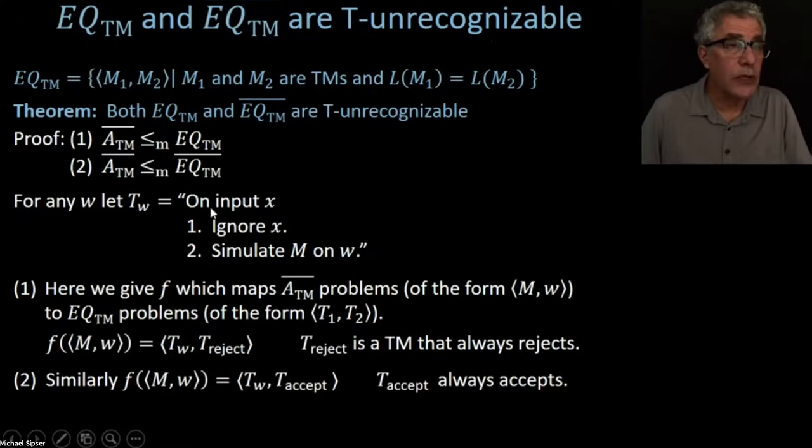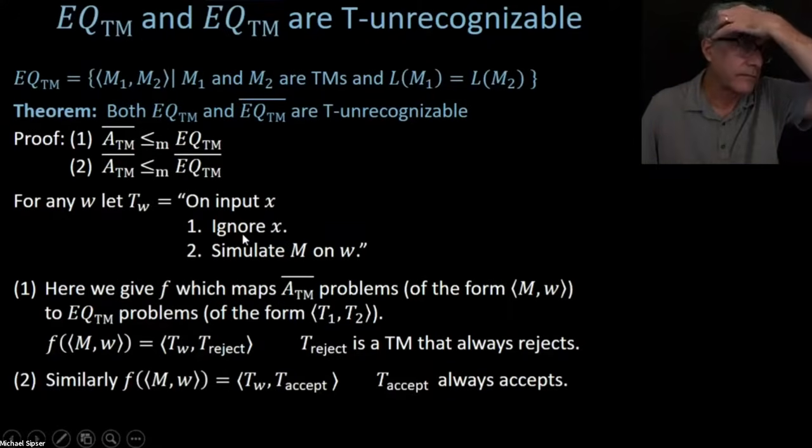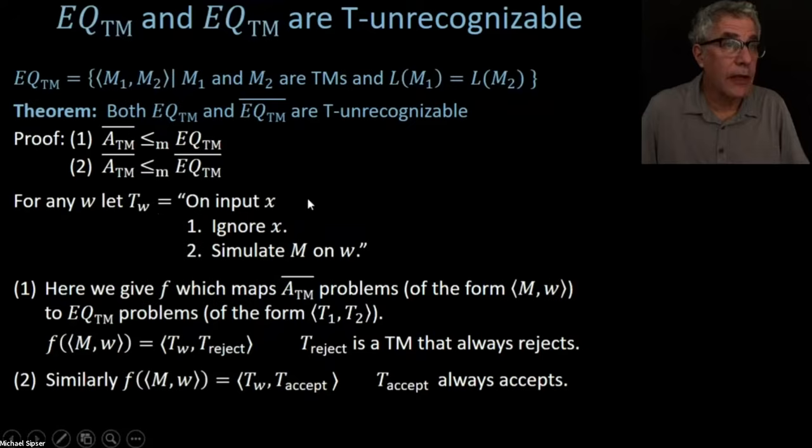And here we're going to introduce a new machine that we're going to be building inside the reduction function. And that's going to be a machine I'm going to call TW. And TW is a machine that always behaves the way M behaves on W for every input. So if M accepts W, T is going to accept everything.